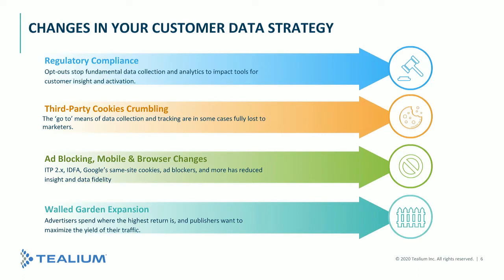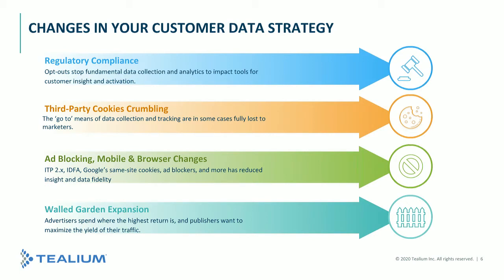And fourth, all of these combine to make the walled gardens more powerful. Your Facebooks, your Googles, big publishers who control many different websites where consumers might be engaging, have a significant advantage now because brands aren't going to be able to as effectively go out and buy their audience to target.